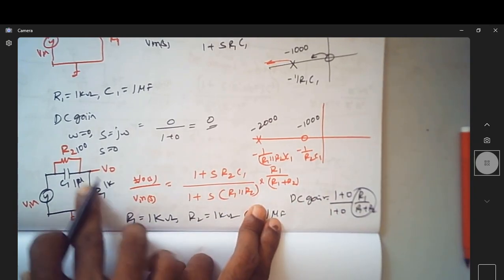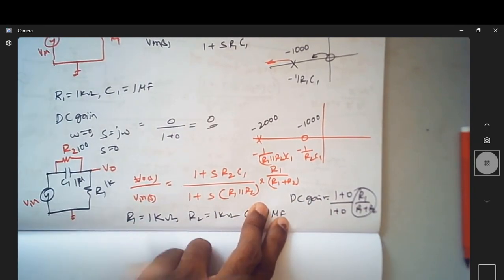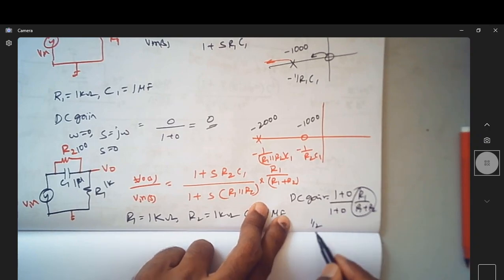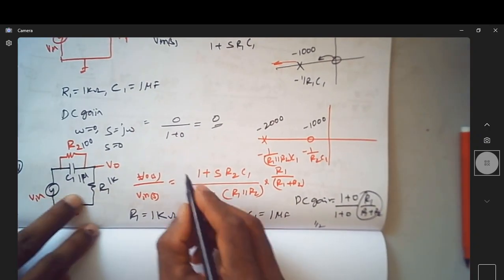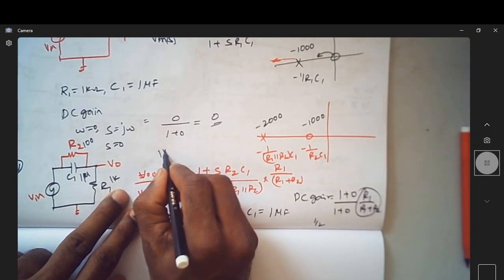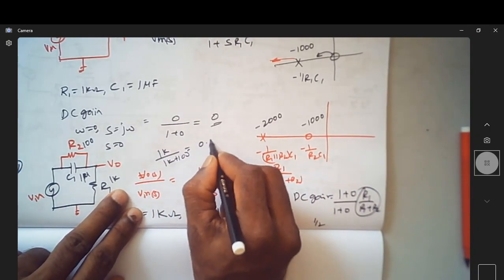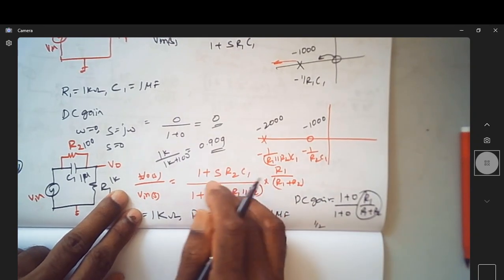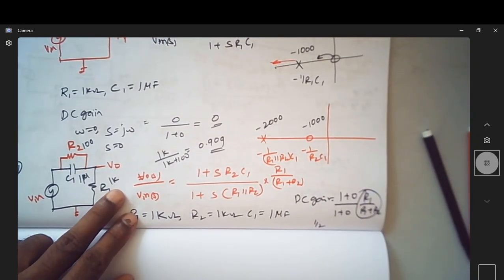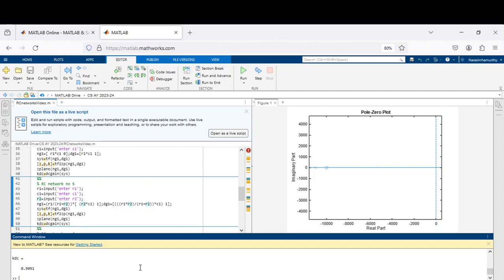When the values of R1, R2 are both the same 1K, DC gain was half. So when R1 is equal to 1K and this is 1K plus 100, this comes out to be 0.909. So that's the DC gain that you have now, 0.909.